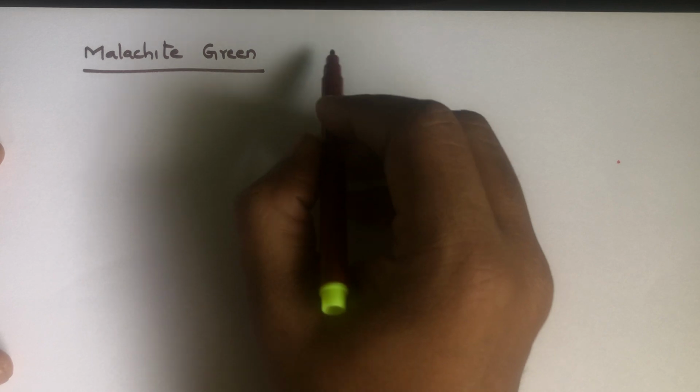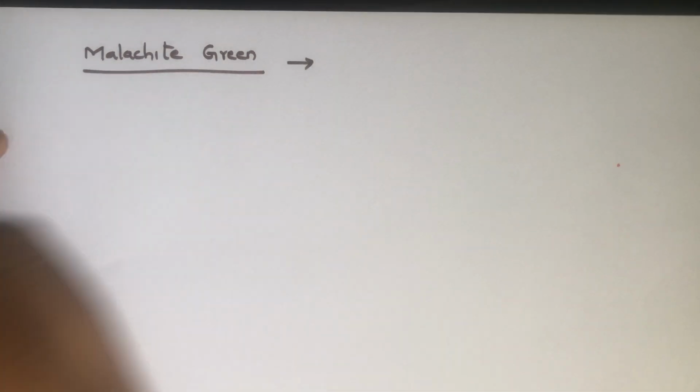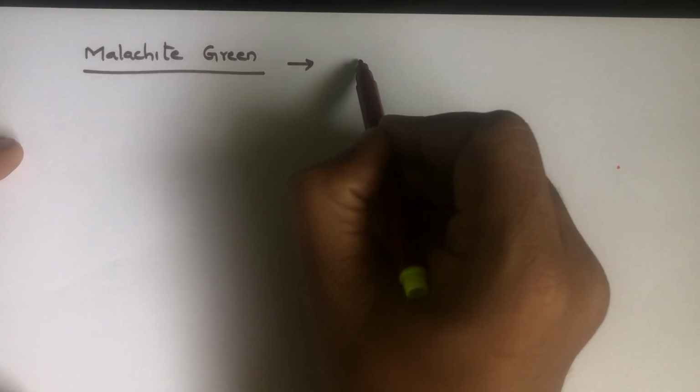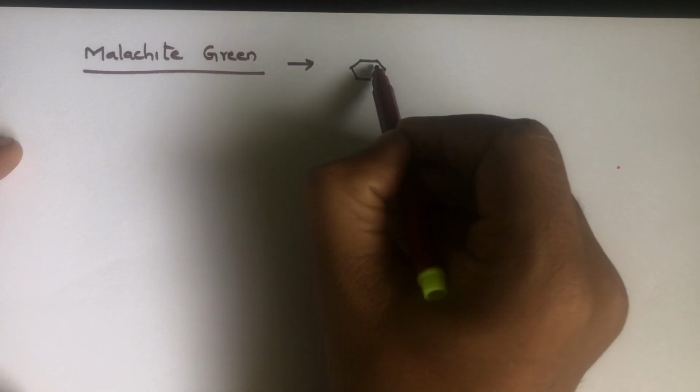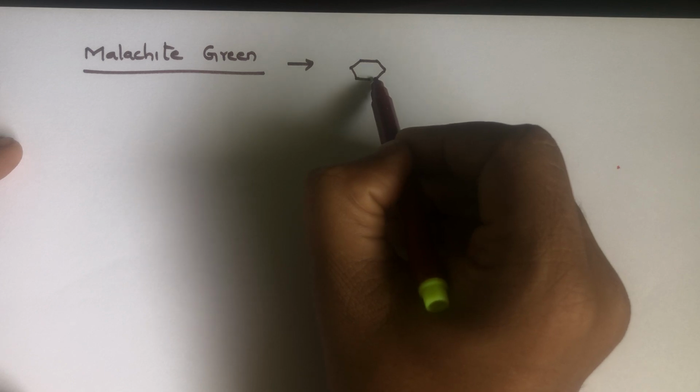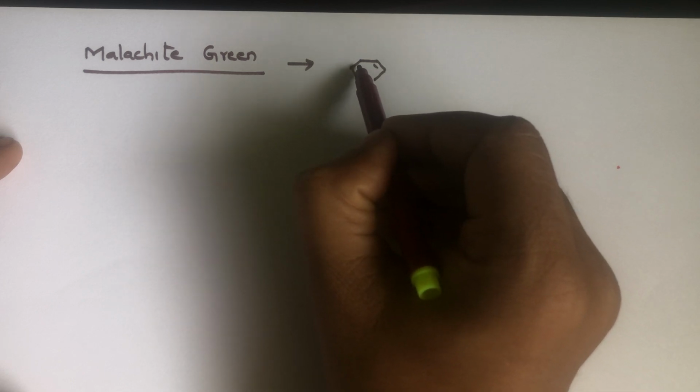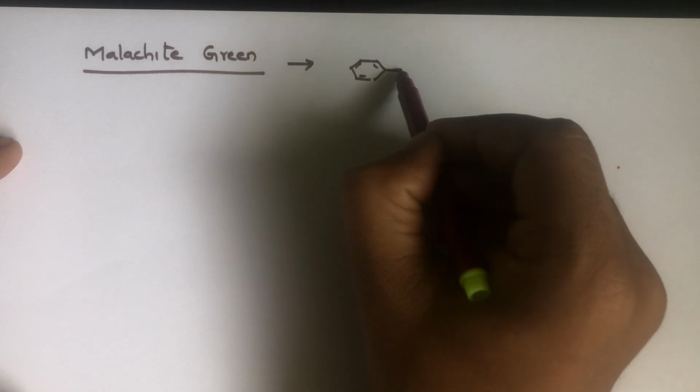So just draw the structure of malachite green so that you can get a basic idea of how to prepare it. It is a triphenyl compound, which means it contains three phenyl groups.